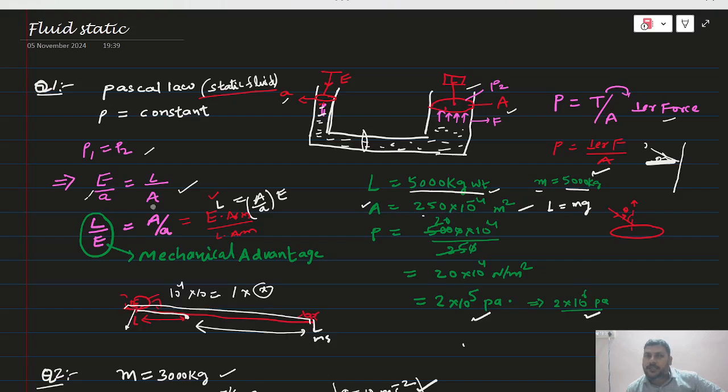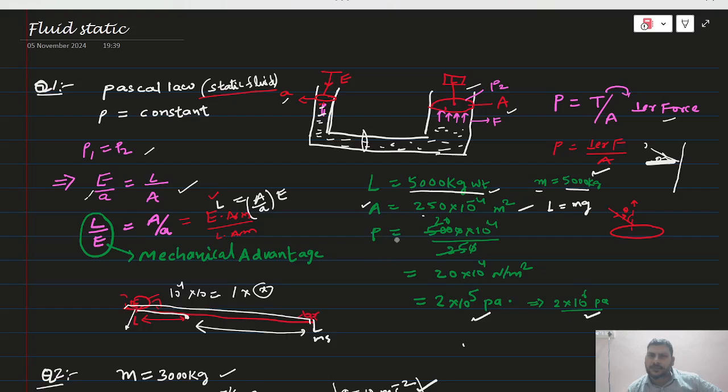If both areas are involved, there is no need to convert, because the ratio is what we find for effort or load and the units cancel. Otherwise it is compulsory to convert units. That is also one point to remember.